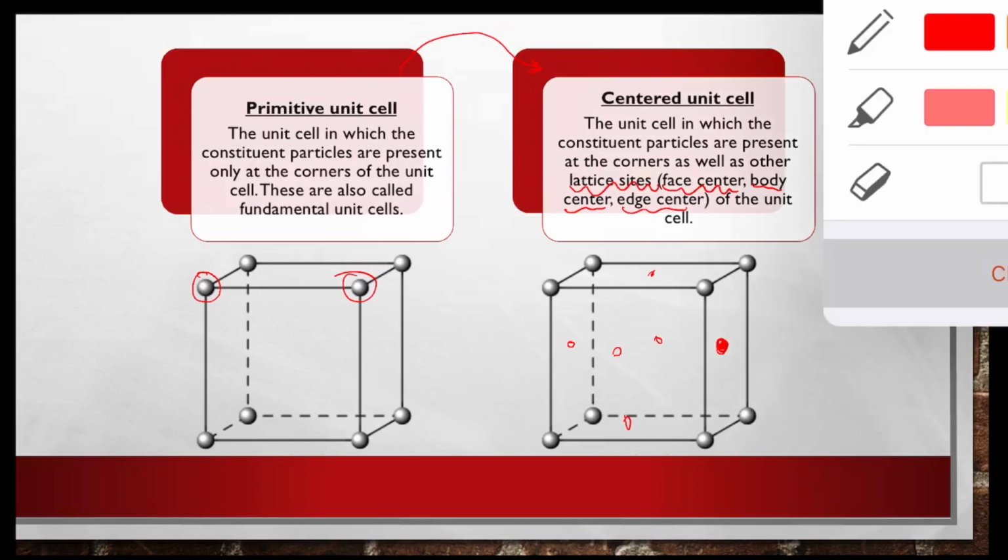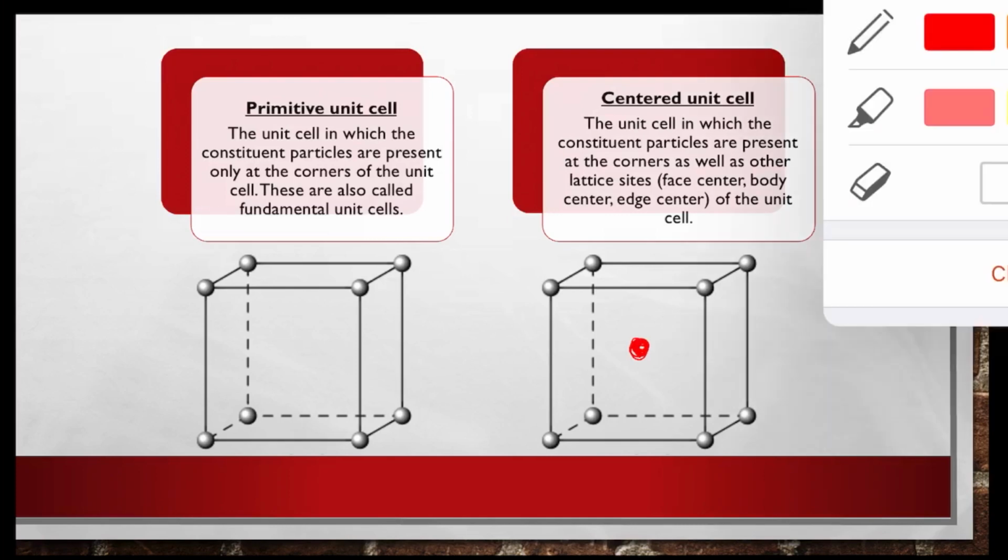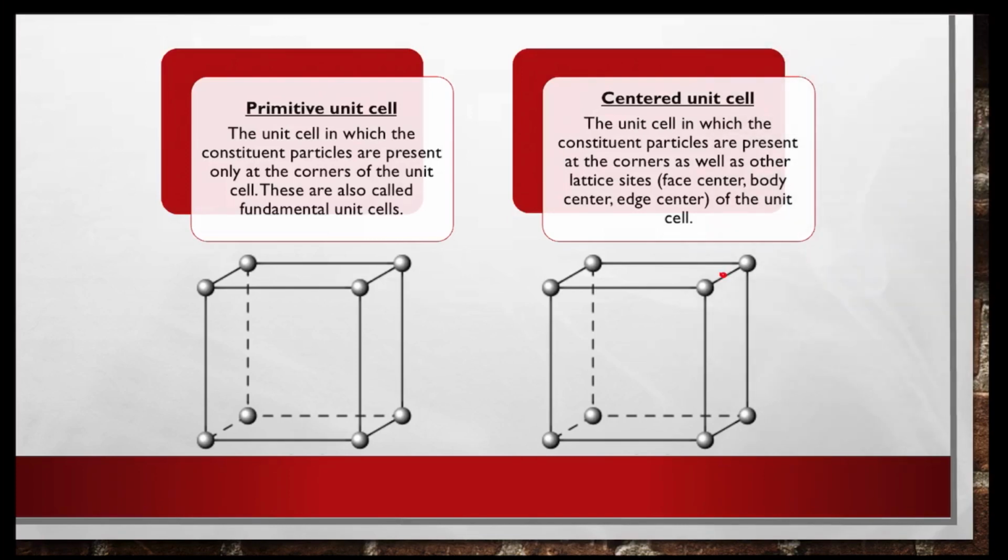Similarly, when they are present at the body center, that's basically the center of the body, that is known as a body center. And similarly, when they are present at the edge center, they are known as edge center unit cells. Any edge center, if it is present, it is known as edge center unit cell. Perfectly okay.